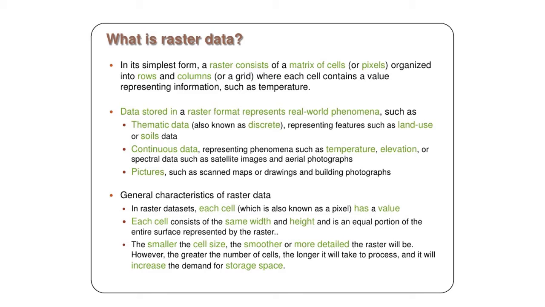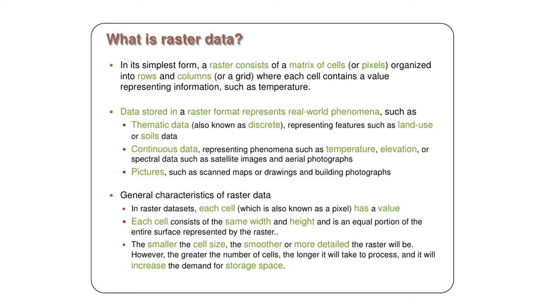Pictures such as scanned maps or drawings and building photographs. So all of these types of photographs, whichever we have, are the old maps, the Survey of Pakistan map, which I have shown you. These will give us, to start with, raster data.